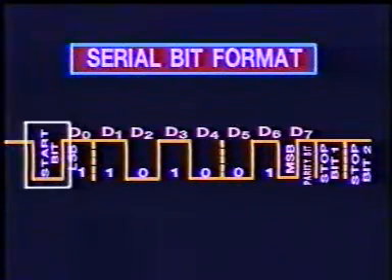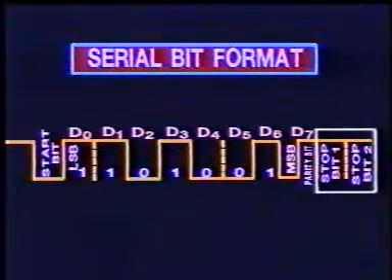Asynchronous transmission adds timing signals to each character of data. A start bit is added at the beginning. A stop bit is added at the end. A low-level signal is used for start bit. A high-level signal is used for stop bit.